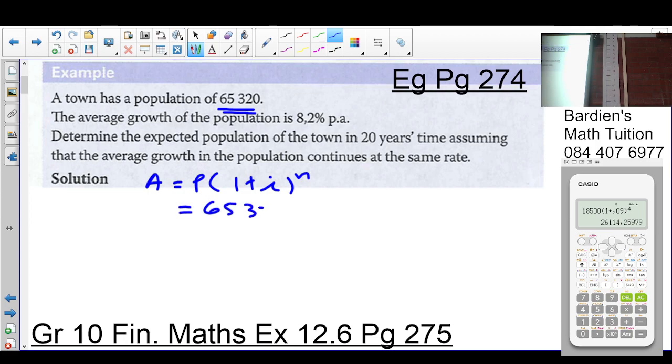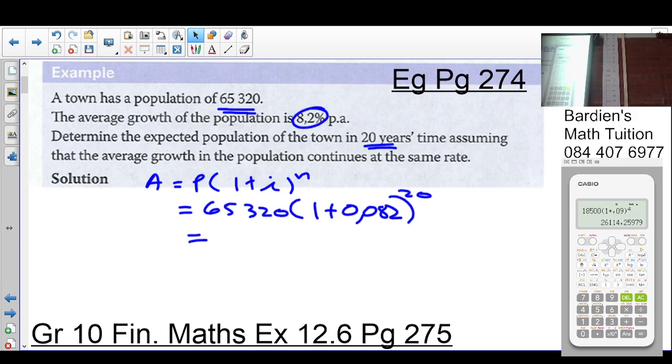So 65,320 into 1 plus 8.2%, so 0.082, to the exponent 20 years. Okay. So it's going to be 65,320 into 1 plus 0.082 to the exponent 20.